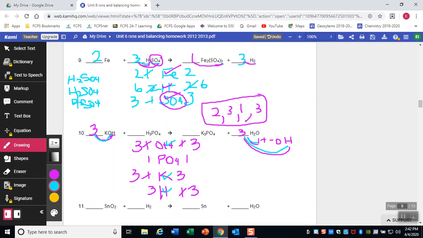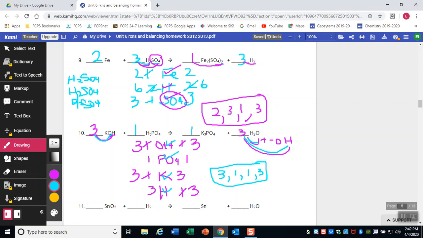And then I have 1 phosphate and 1 phosphate. So that checks out. Okay, so that was not so bad. You just have to kind of do it one step at a time. And if you have to go back and change it, then that's what you do.